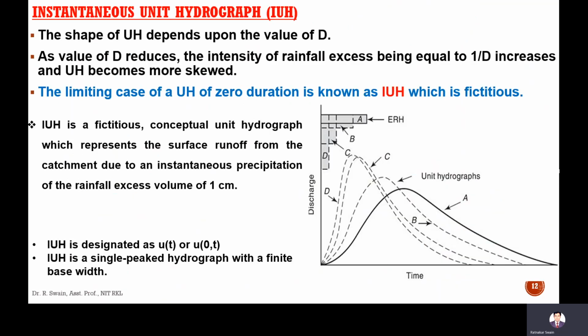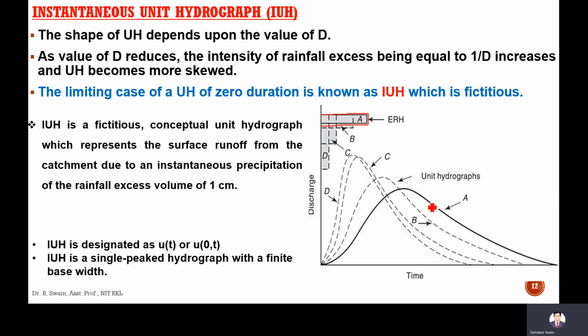Next topic is instantaneous unit hydrograph. Instantaneous means for instantaneous rainfall. Okay. Means if we decrease this duration of effective rainfall, D value, if we decrease. Initially it is more. More means, let this be the curve.